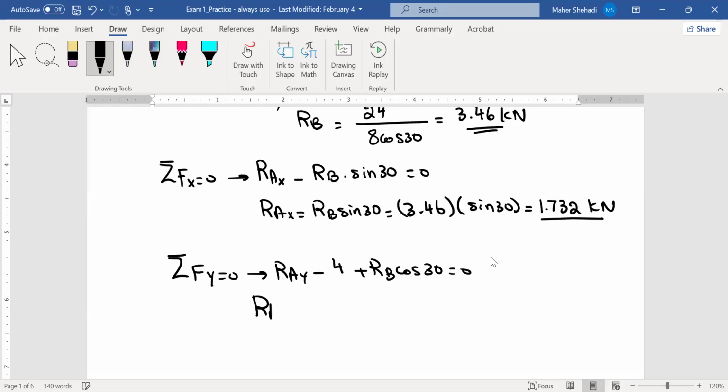Therefore, RAy is 4 minus RB cos 30, and that's equal almost to 1 kilonewton. And that's it. That's all they asked us to find: the reaction forces at A and B.